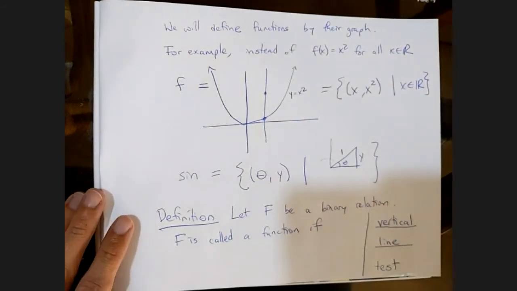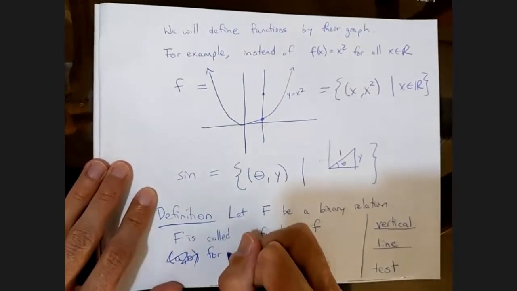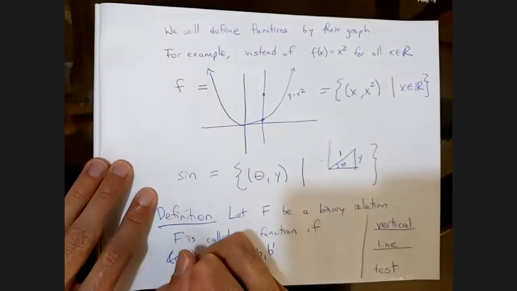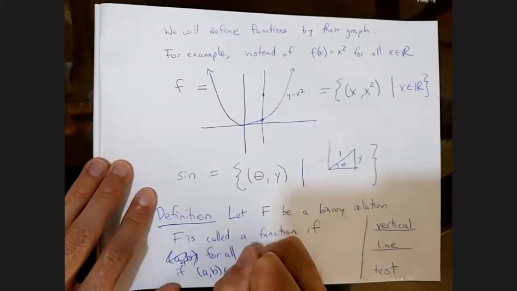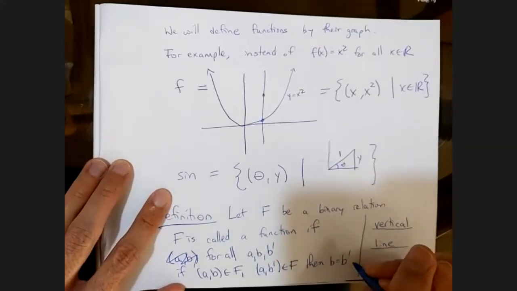Okay, so if for all a, b, and b prime, if (a, b) is in f and (a, b prime) is in f, then b equals b prime.